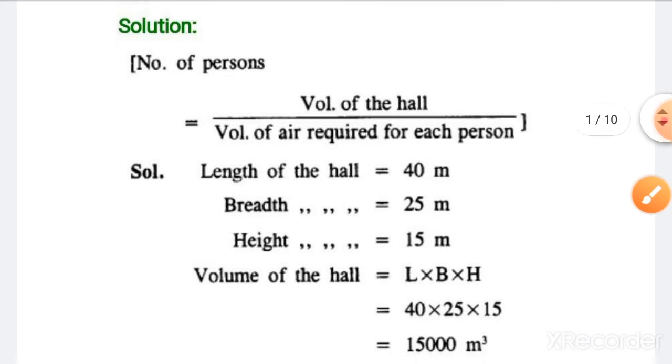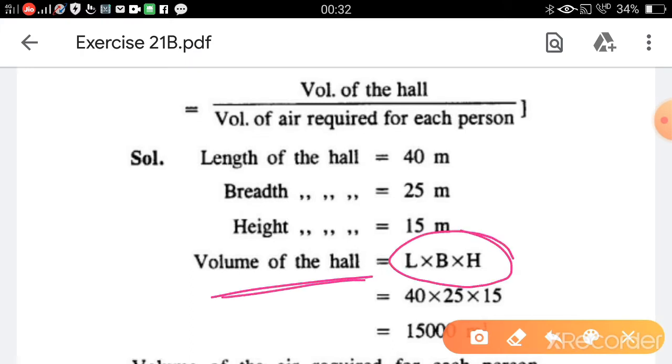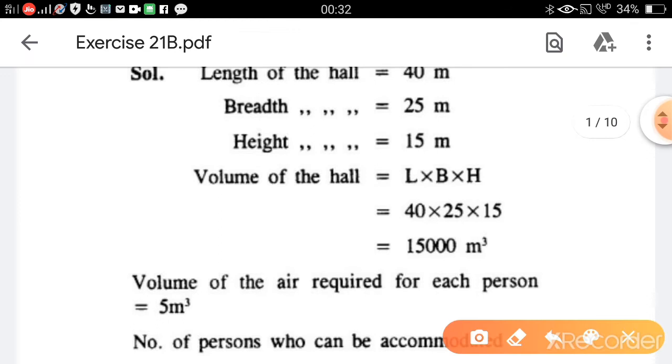So the volume of the hall should be L B H, 40 into 25 into 15. So the volume should be 15,000 cubic meter.